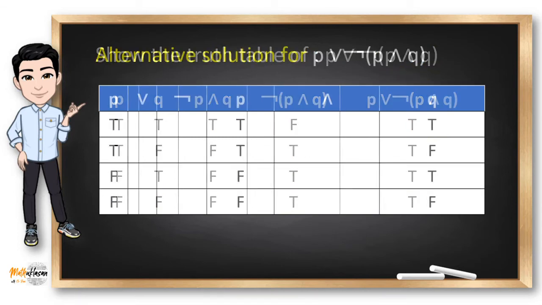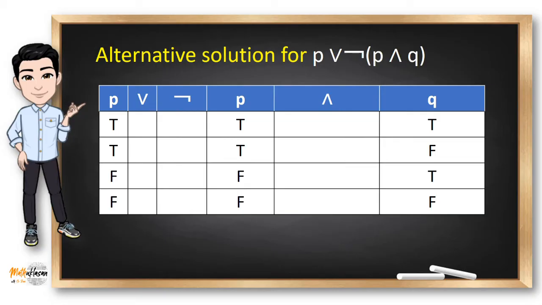But do you know that we have an alternative solution for us to lessen our effort of writing long column labels here on the table? So to begin, you just need to separate each proposition and operator in a column. Following the pattern in the previous example, we have double T and double F for P. And since we have another P here, we will also write double T and double F in this column.